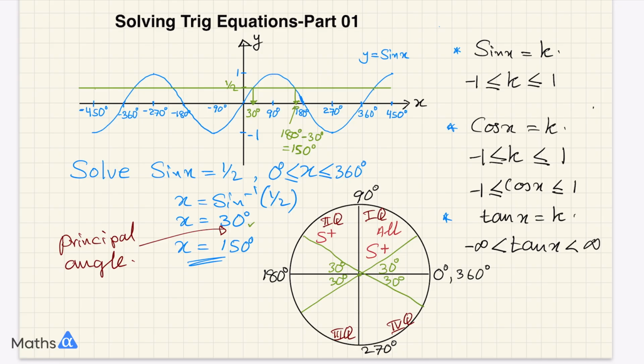We need to now look at this interval. That is important. We can see that we have to write all positive angles between 0 and 360. So we're going to measure positive angles from this positive x-axis. To get angles in this interval, which we call positive angles, we need to measure those angles anticlockwise.